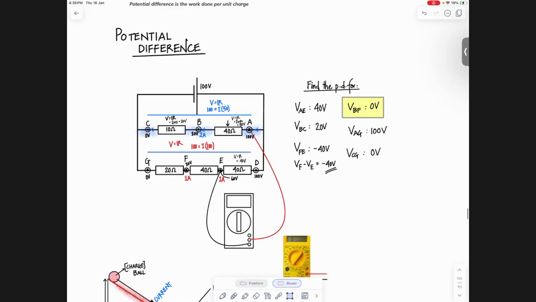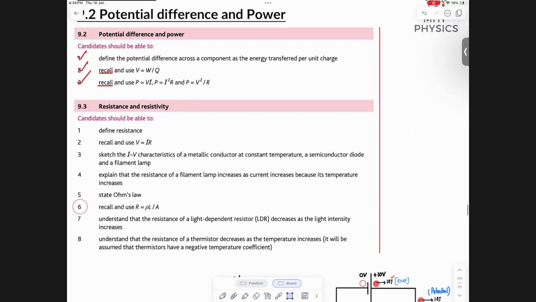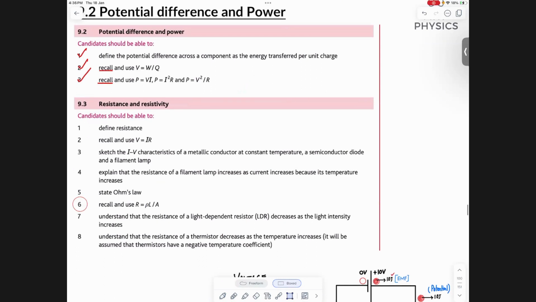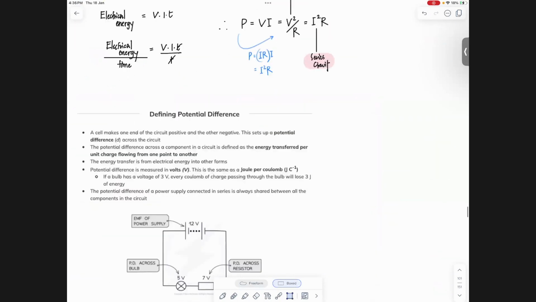Okay, so yeah, we're done with potential. I'll do a quick checklist of what we have done here. Those are all finished. So today we'll do resistance, and then the remaining topics. Okay, so let's start.